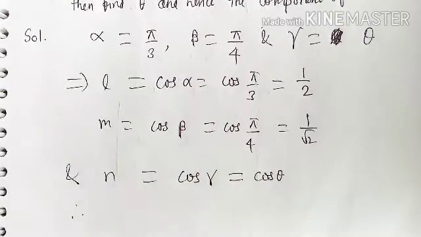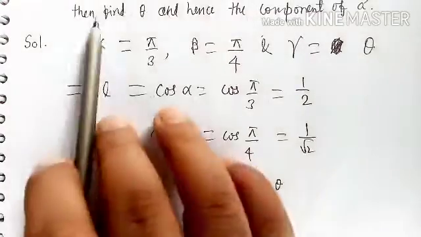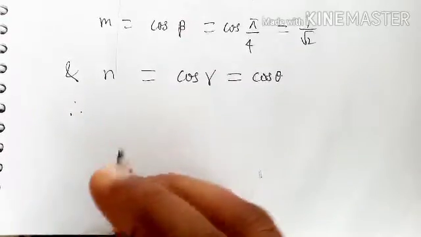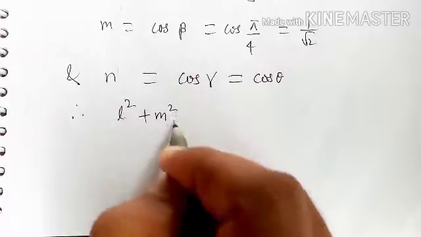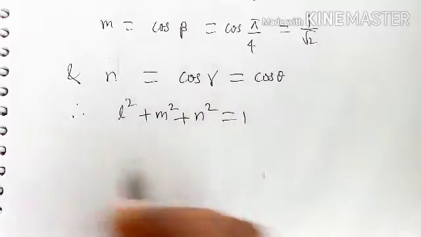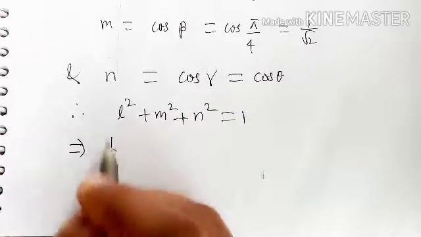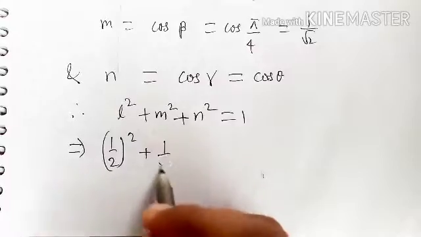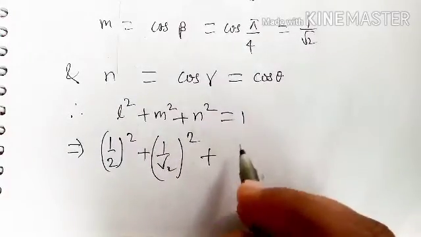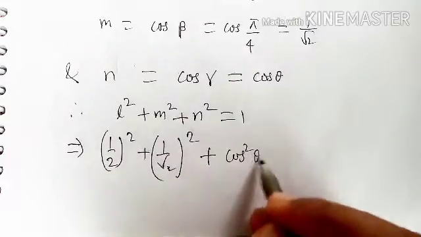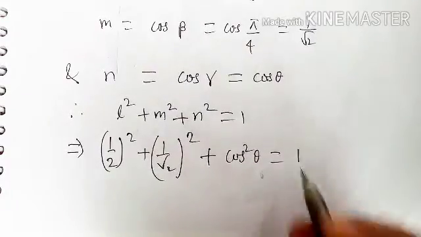Here we have to find theta, so we will apply the relation among l square, m square and n square. Therefore l square plus m square plus n square is equal to 1, which implies that 1 by 2 whole square plus 1 by root 2 whole square plus cos square theta is equal to 1.